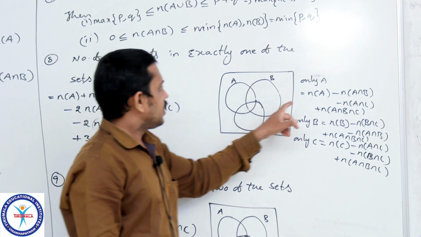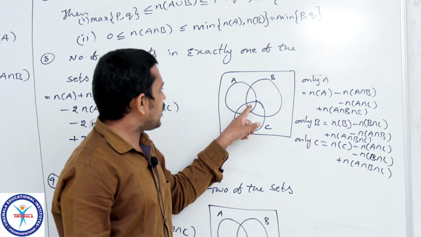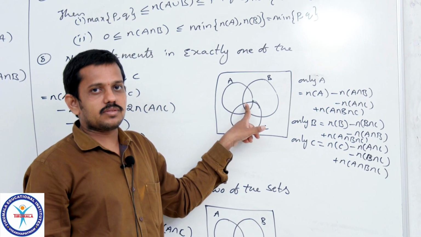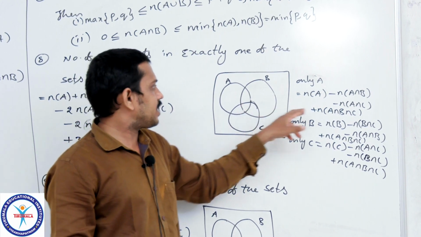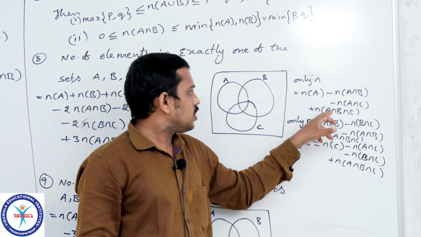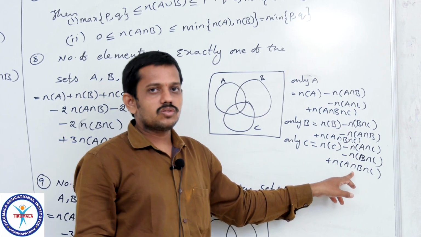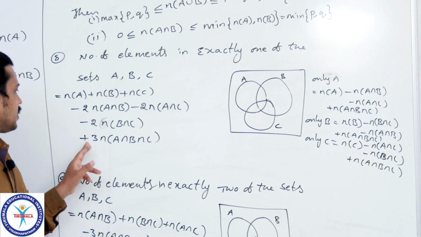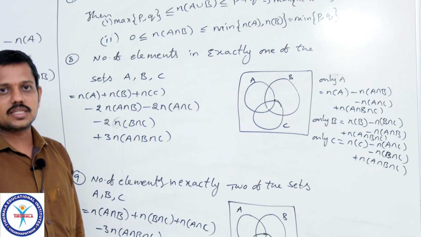So, therefore, here this common region is excluded 2 times. To overcome that we add one more time n of A intersection B intersection C. So, every time we add this, therefore here we get 3 into n of A intersection B intersection C.